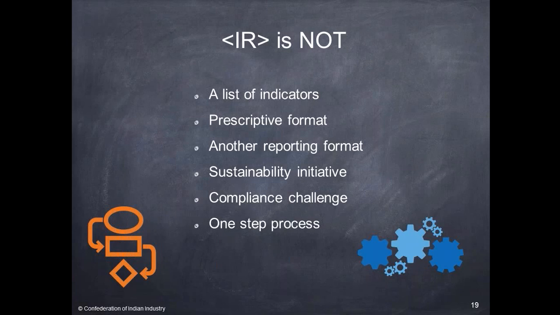It's an iterative process, which typically so far has taken companies 3 years to go from their current reporting to a good integrated report. And there are different ways companies start on this journey, and different ways they can choose to move ahead. But again, it's not one step.